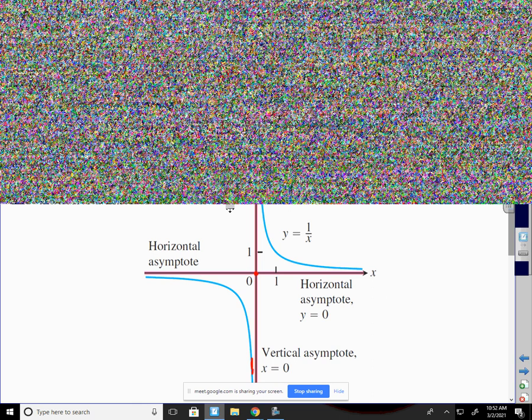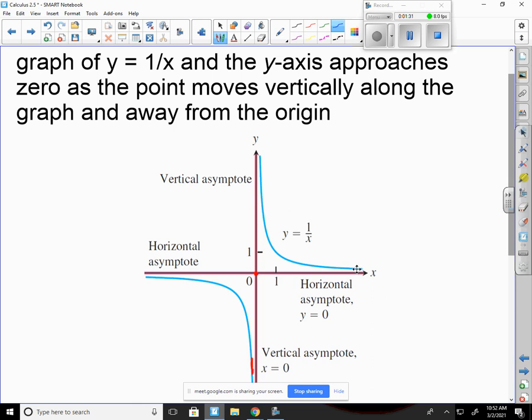If I move along the x-axis the same way I did the y-axis, you're going to see that it gets closer and closer to 0. So as x gets greater and greater, it gets closer to 0.